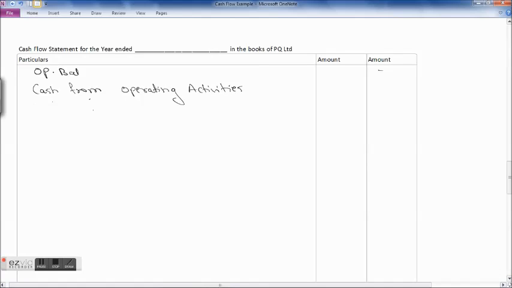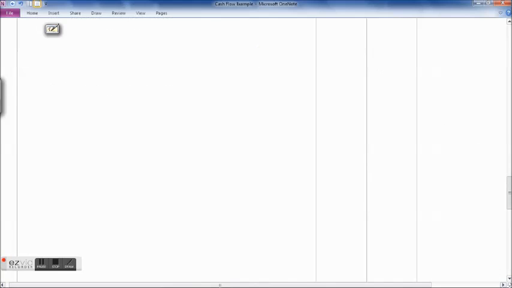We'll leave some space for working, and then we'll have cash from investing activities.